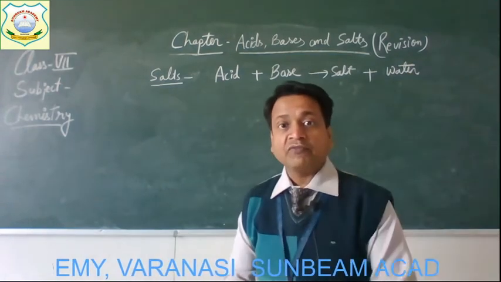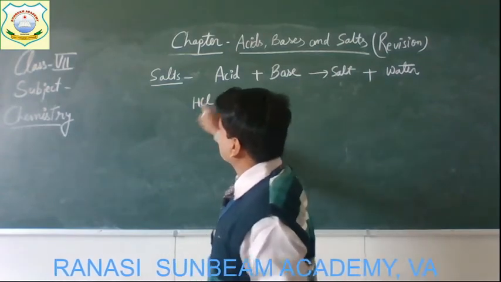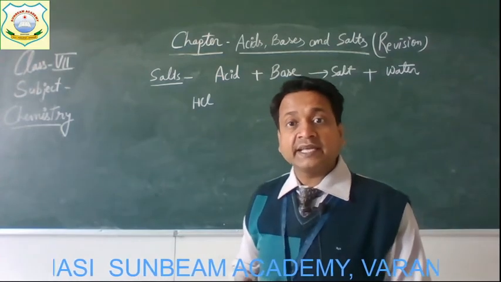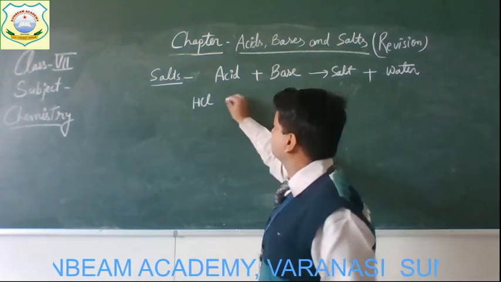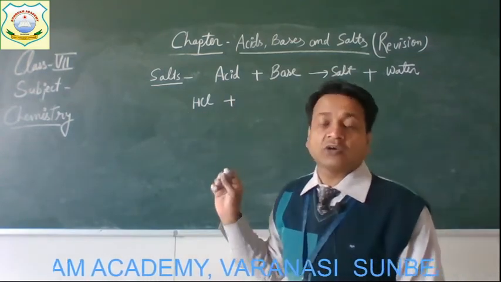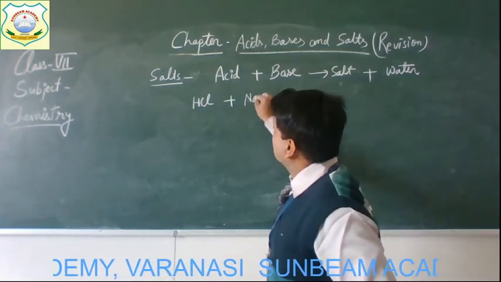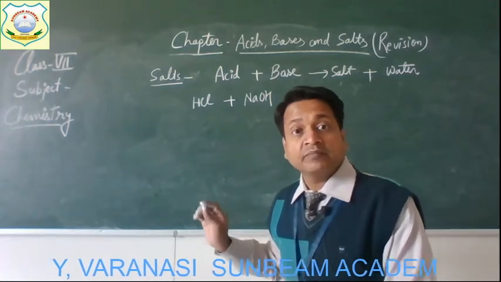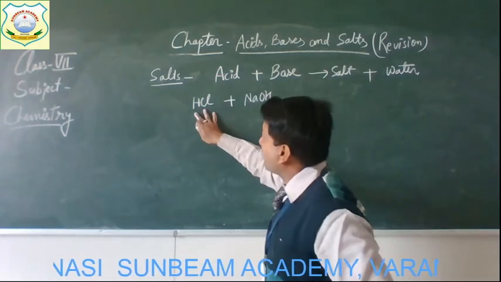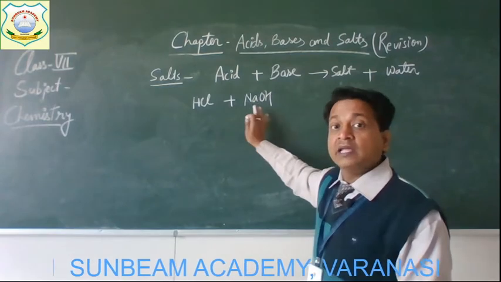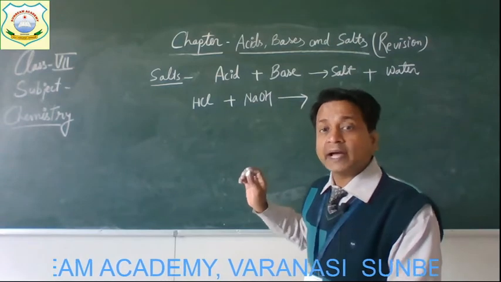One example of it is when hydrochloric acid, the formula of which is HCl, and it is an acid, reacts with a base, sodium hydroxide, that formula is NaOH, and the common name of sodium hydroxide is caustic soda. Alright, so when hydrochloric acid and sodium hydroxide react chemically with each other, they form a salt, that is sodium chloride.